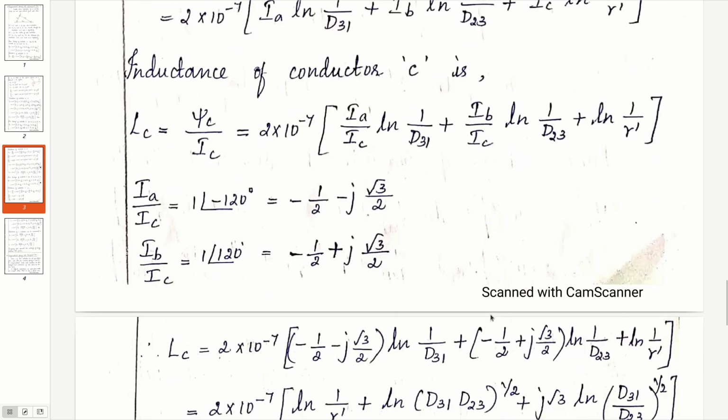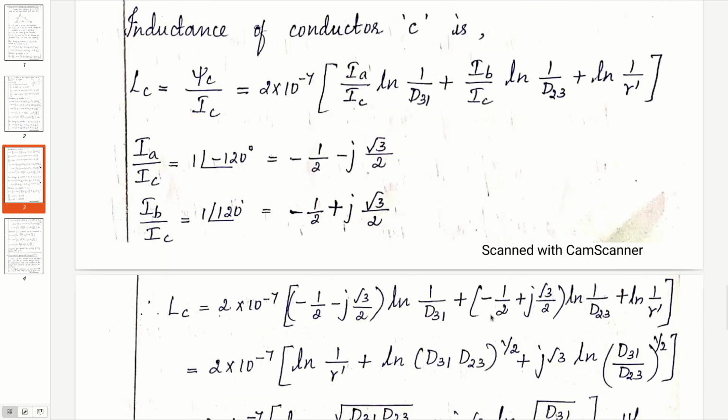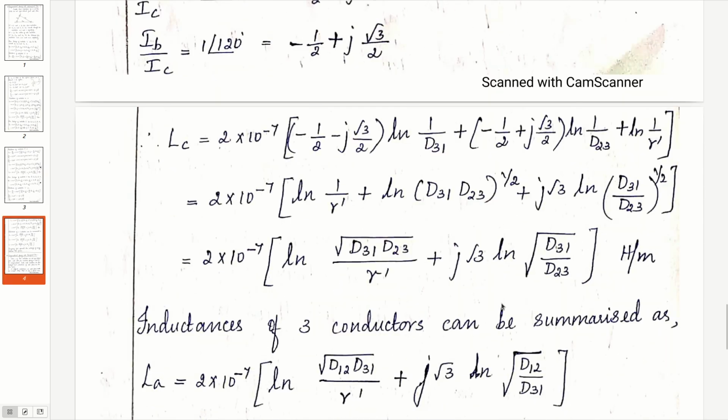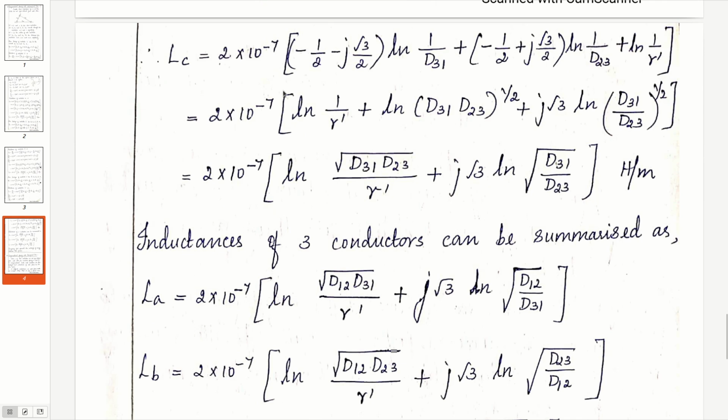Then from the phasor diagram we have written few relations for IA, IB, IC in terms of the phase angles. So from that you write down the expression for IA by IC and IB by IC. So when you take one angle minus 120, it is equal to minus 1 by 2 minus j root 3 by 2. Okay, so now these 2 equations you are going to substitute in these ratios, IA by IC and IB by IC. So now LC, in LC you expand this term into 2 terms and this term also can be split up into 2 terms.